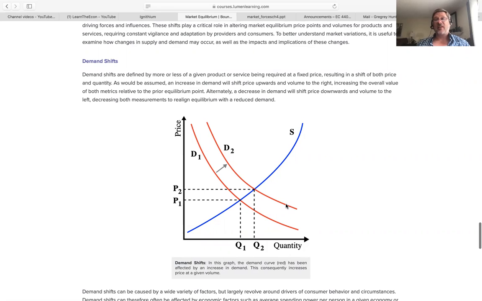And the law of demand just simply says that as the price goes down, consumers want to purchase more. And so that just means the curve has to be downward sloping. It doesn't have to be linear. So here, this is an example of a nonlinear demand curve where the slope is steeper when the price is higher.